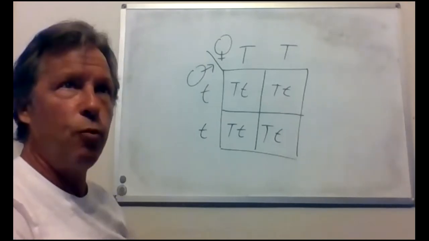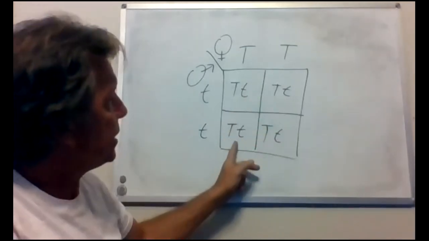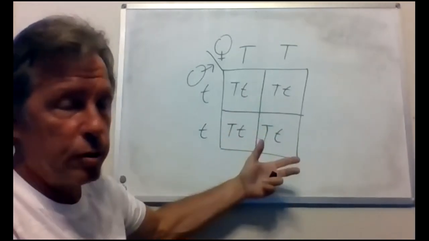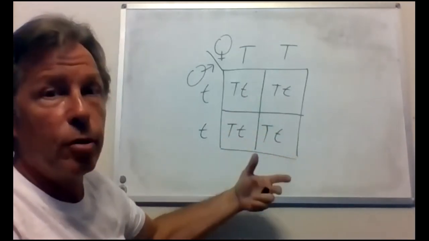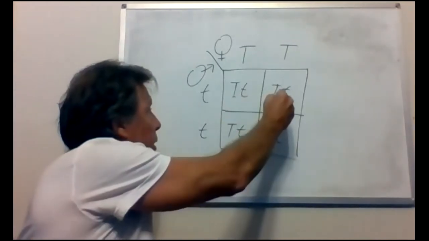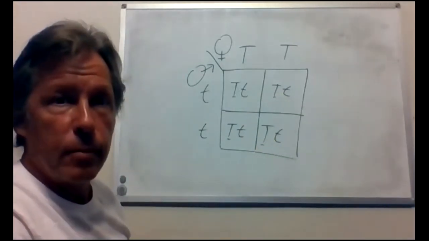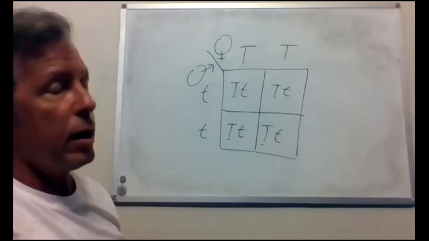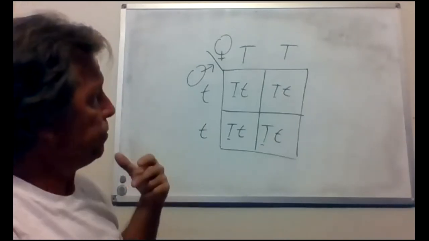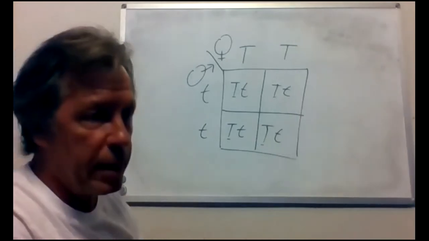So in the F1 generation, the genotype is all heterozygous. Again, Mendel couldn't measure this. What did Mendel actually see? Well, in a heterozygous, we're only going to see the dominant trait. So in the F1, Mendel sees nothing but dominant plants. He says, okay, they're all tall. We're going to call that dominant.